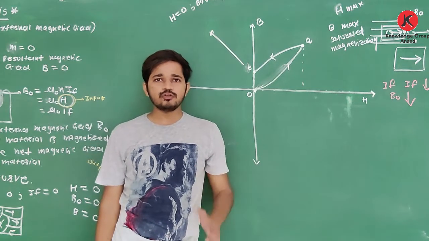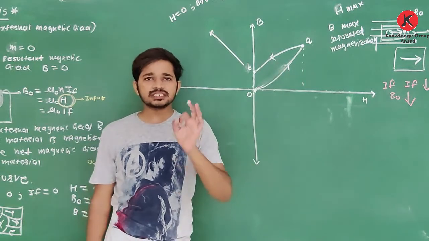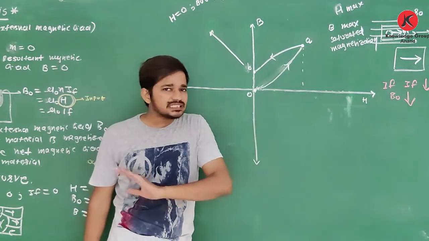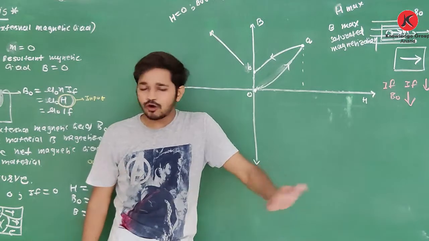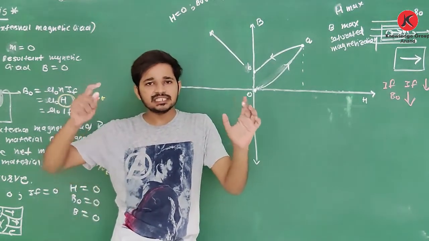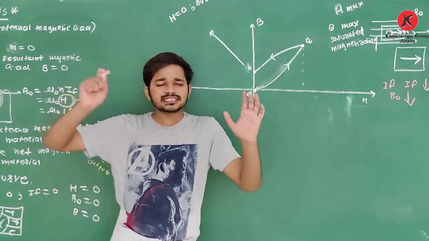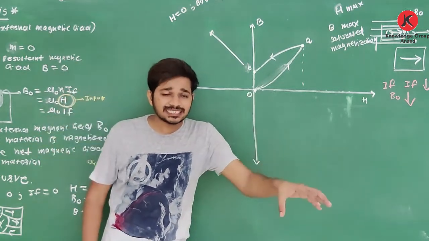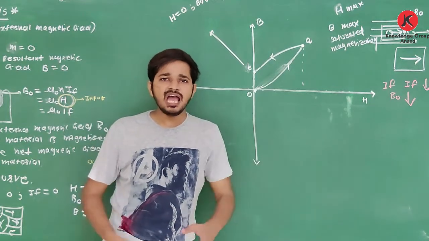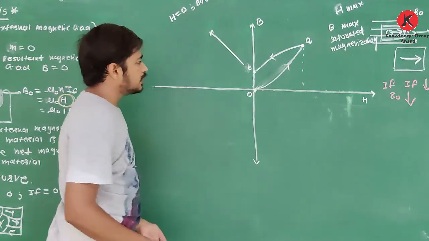If I decrease the current and reduce its value to 0, the object is not demagnetized. It has net magnetic moment, it has some magnetic field, and it behaves as a magnet. So when H is equal to 0, magnetic field is not 0.